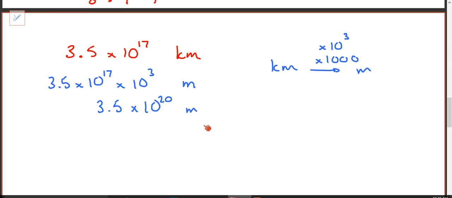So if I were to give you a problem like a space shuttle travels at 4 times 10 to the power of 3 meters per second, and it wants to cover a distance of 2 times 10 to the power of 11 kilometers, how long would it take?